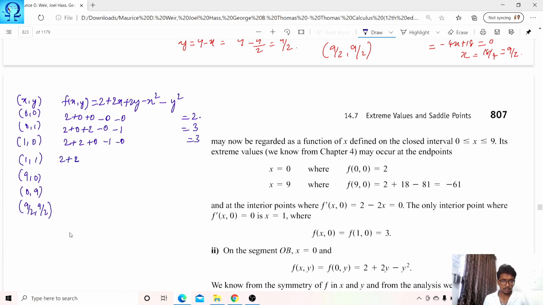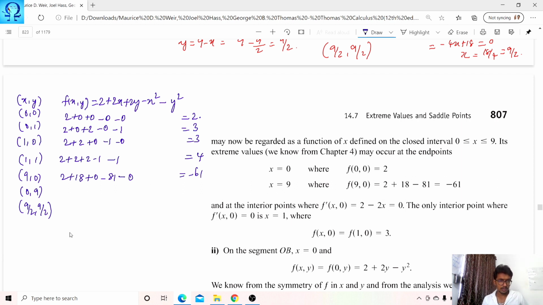So 2 plus 2 plus 2 minus 1 minus 1, 6 minus 2, which is 4. When we substitute 9, we are going to get 2 plus 18 plus 0 minus 81 minus 0. So it is 20 minus 81, which is minus 61.